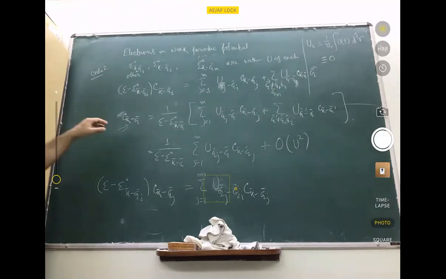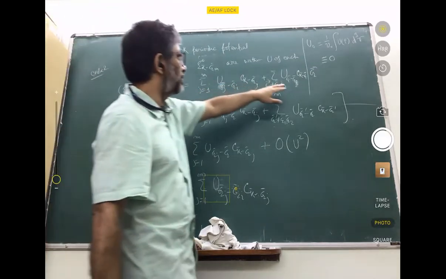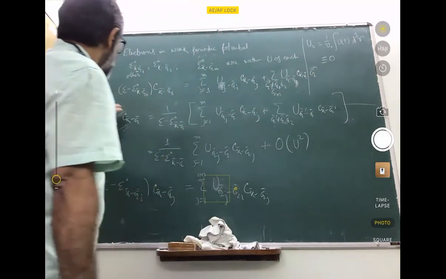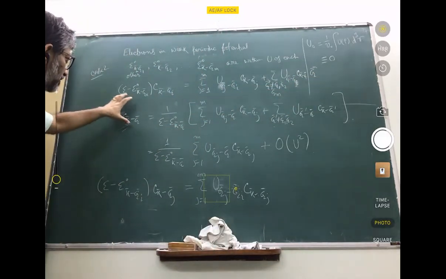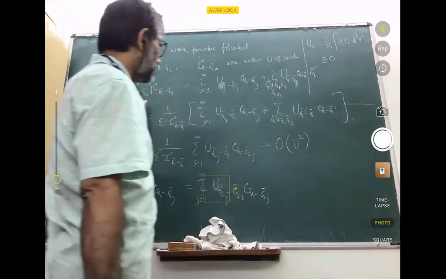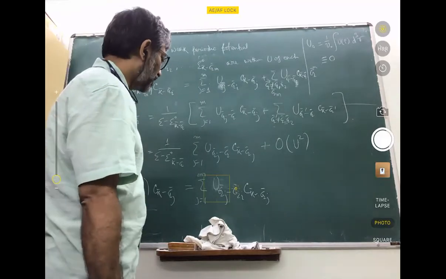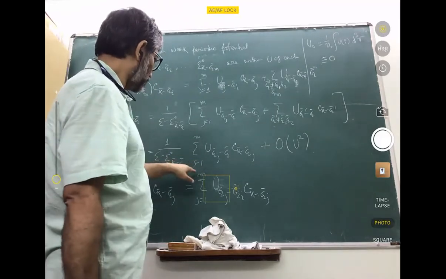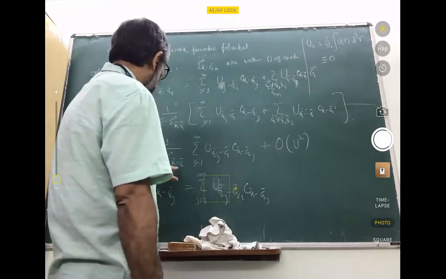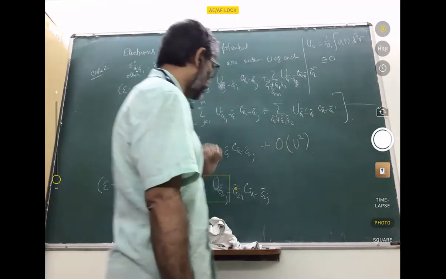By using arguments exactly as before, and on physical grounds also, I expect this to be small. Earlier, we had one leading term and then terms of order U squared. Now we have several leading order terms plus something of order U squared.